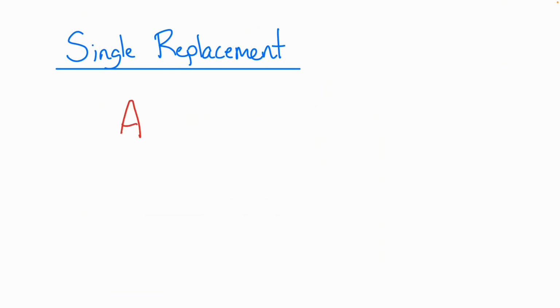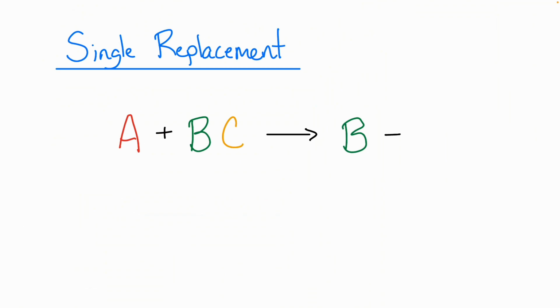So we have one thing all by itself, and it's going to react with a compound. And what we're going to see is the A and the B are going to switch places in this reaction. So on my product side, now I have B all by itself, and A is paired with C.